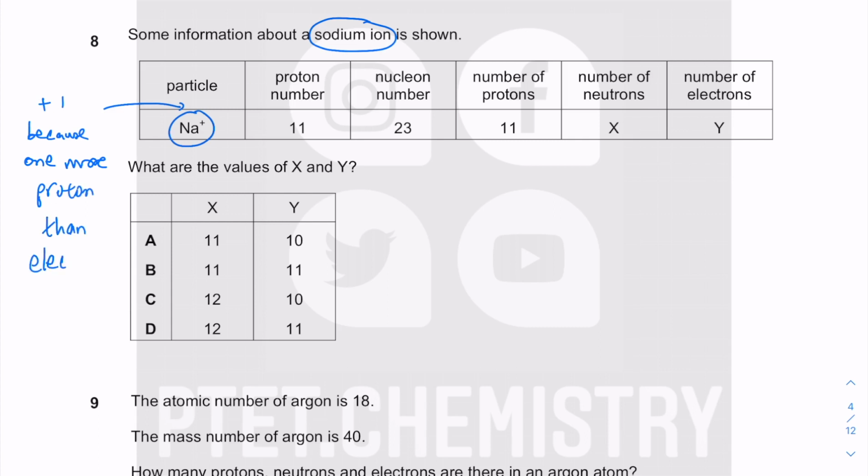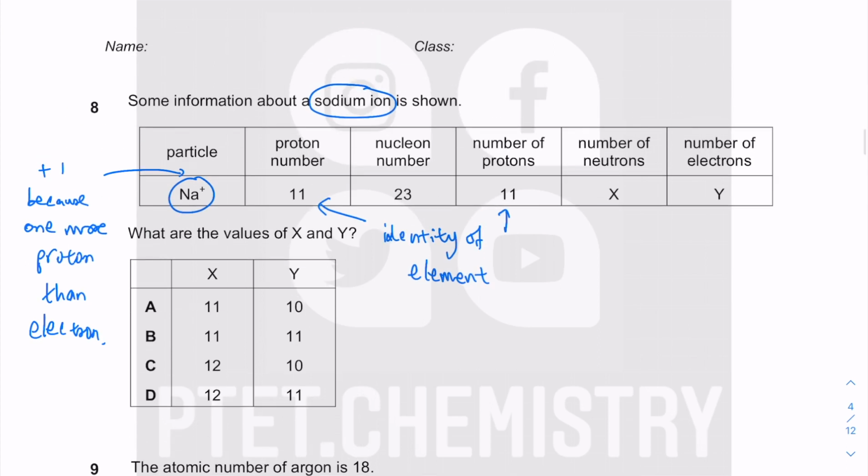But it is still sodium. If it is still sodium, your number of protons is still 11 because your proton number is the identity of the element. So the element is still sodium, it doesn't change. So your proton number, which the other name for is atomic number, doesn't change, and therefore your number of protons doesn't change.